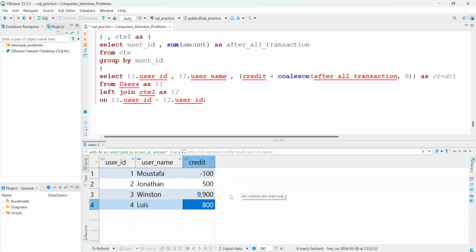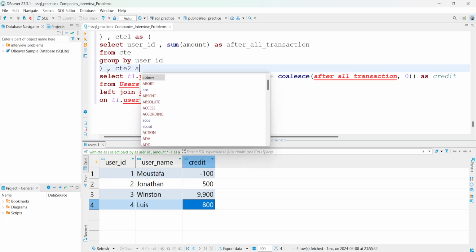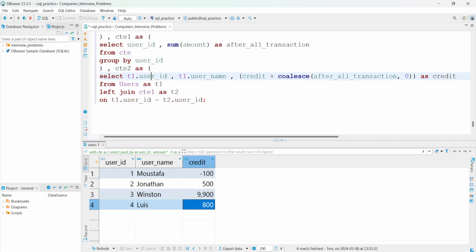Now we only need the last column. That's quite easy, right? We just need to write the case when statement. So we can write this as CT2 and put here this last statement. So select from CT2.